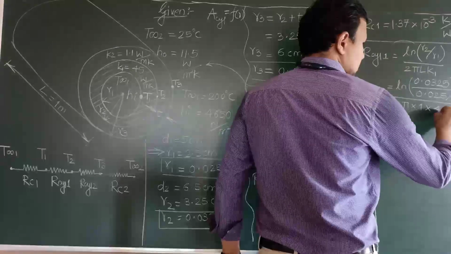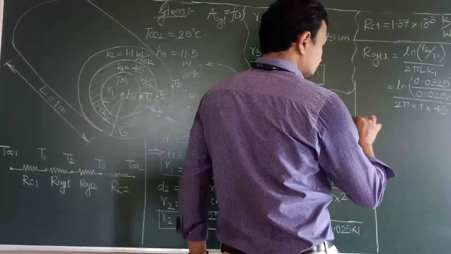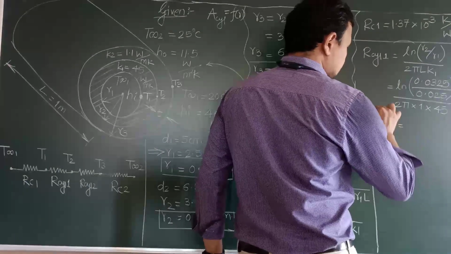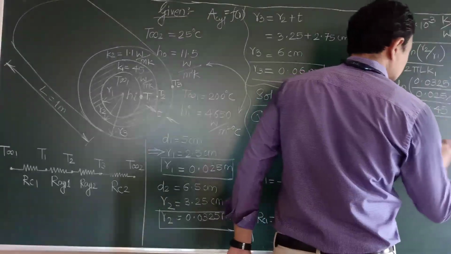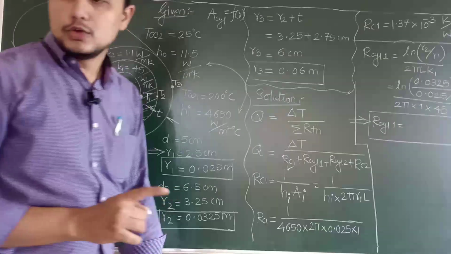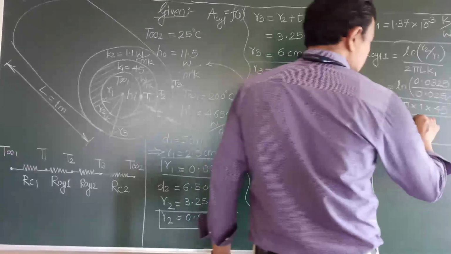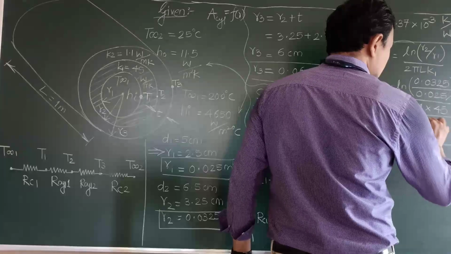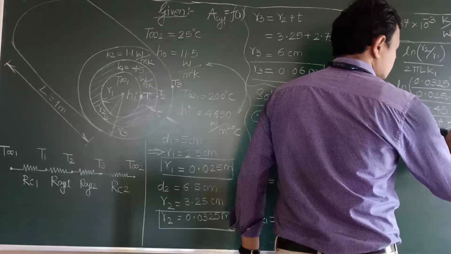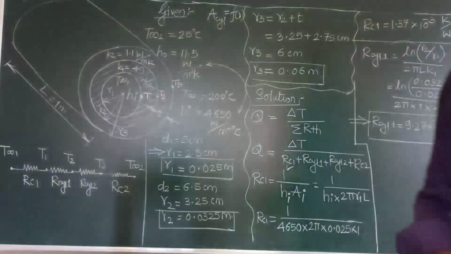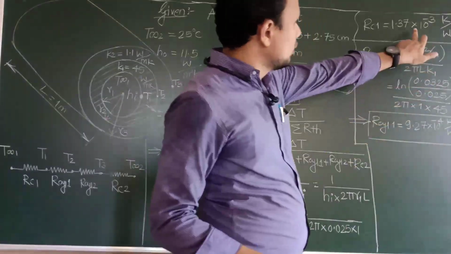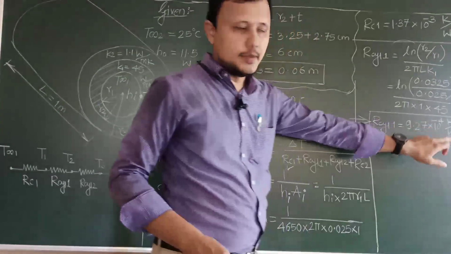So ultimately R cylinder 1 is equal to 9.27 into 10 raised to minus 4 Kelvin per watt. The unit is the same, Kelvin per watt. So what we see here is that the unit of convective resistance and conductive resistance will be the same.